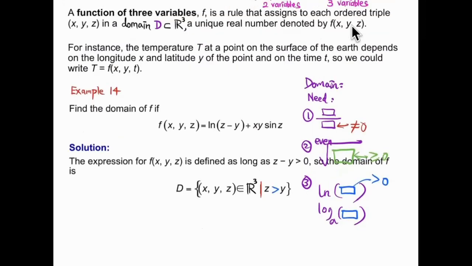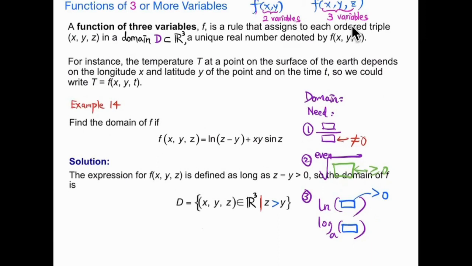Well, let's think about some examples. You have a temperature at a point on the surface of the Earth. So think about the T here as a temperature. Think about this x over here as the longitude. Think about the y here as the latitude, and the t here as the time.